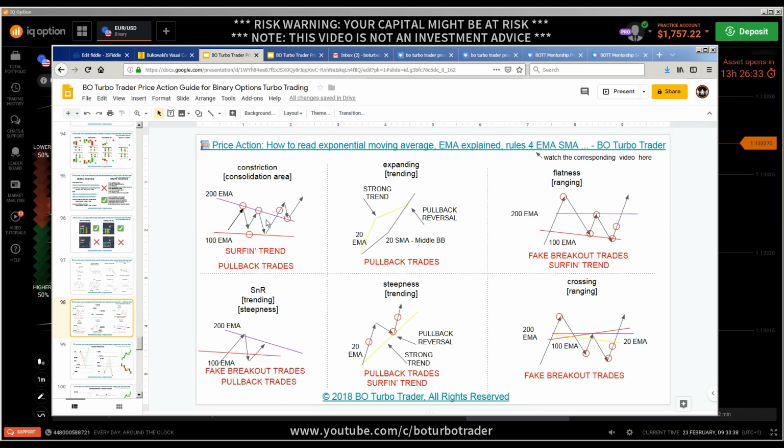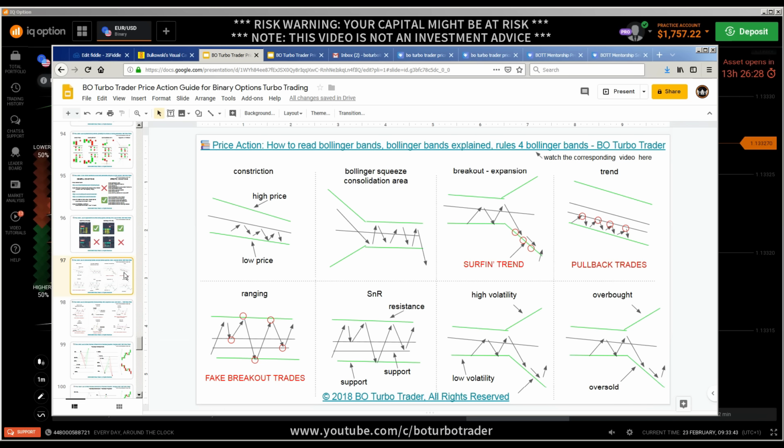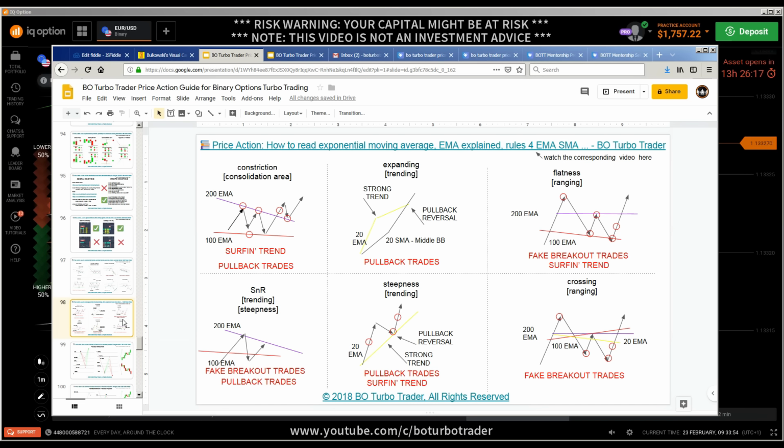It doesn't matter if it's on the EMAs, it can be anything. You see here on the Bollinger Band you have the same concept in ranging, and at the edges, you trade them. That is the same as on the EMAs, and that is the same everywhere.